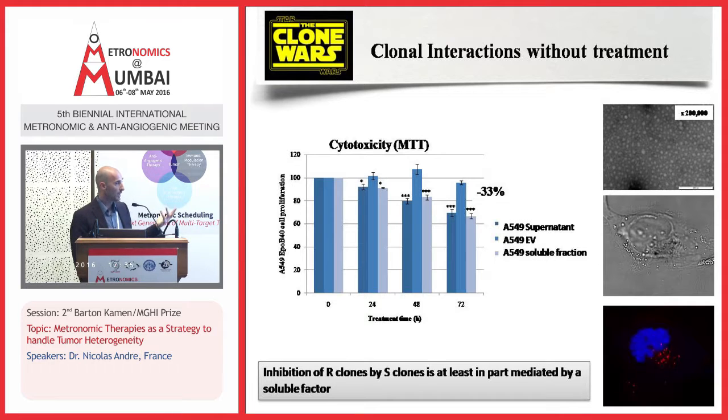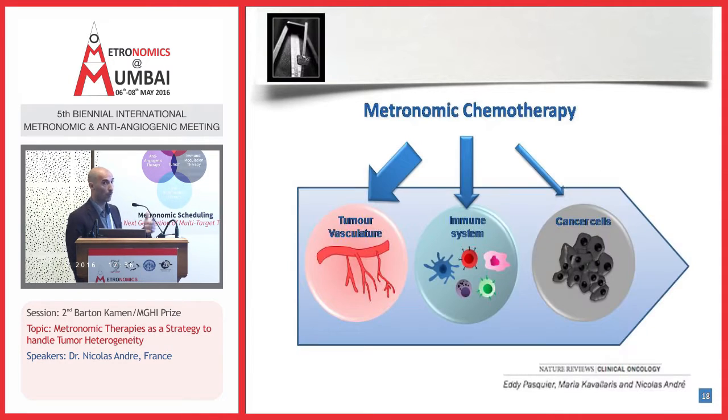So it means that the inhibition of the resistant clones by the sensitive clones is at least in part mediated by a soluble factor that is present in the supernatant. So we have more data about how it works, and we have a pretty good idea now. But since I don't have enough time, we're now going to move forward to what happens when you use treatment.